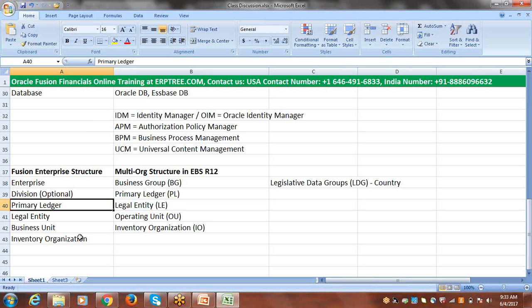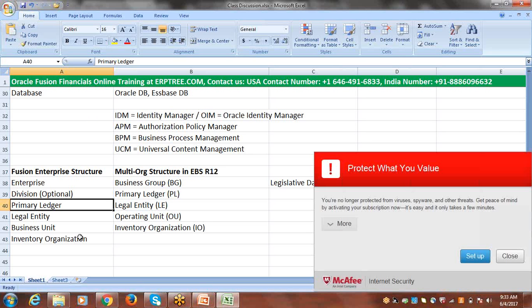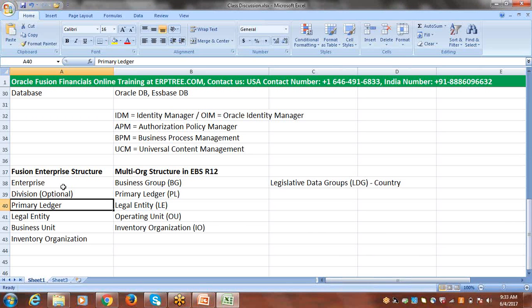Or else, without taking it into the chart of accounts, you can also have a division concept at enterprise level. Apart from reporting, the division can be helpful to the organization in other aspects, such as how some hierarchies or other processes will work, and other reporting. All those aspects may be useful, but it won't be reflected in the financial transactions unless you take the chart of accounts as one of the segments.